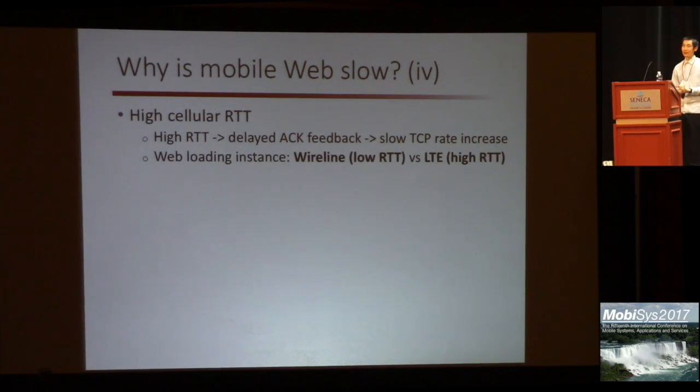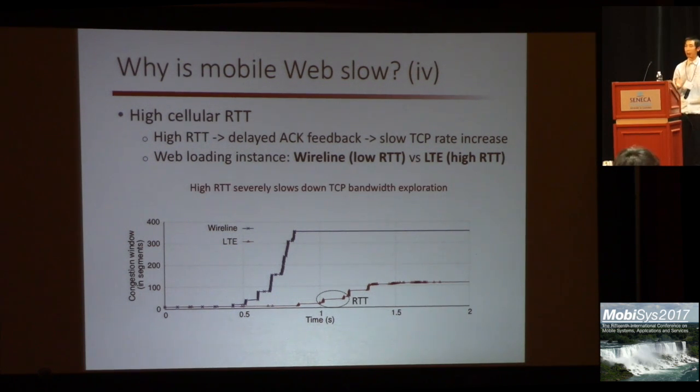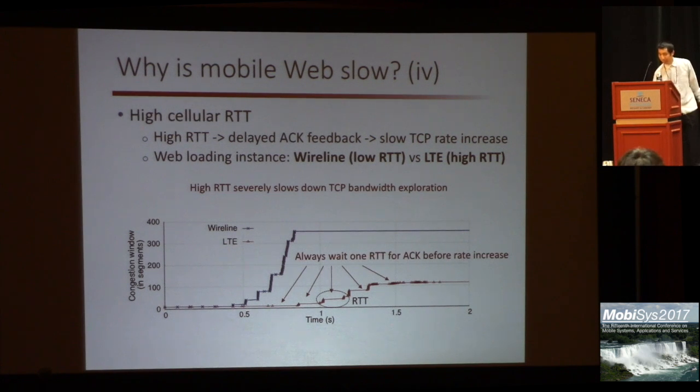Here we show a web loading instance over a wireline network with low round-trip time and the LTE network with high round-trip time. We can see the high round-trip time of the LTE network severely slows down bandwidth exploration, because it must wait one round-trip time for the ACK from the other side to arrive every time before it can increase its sending rate.